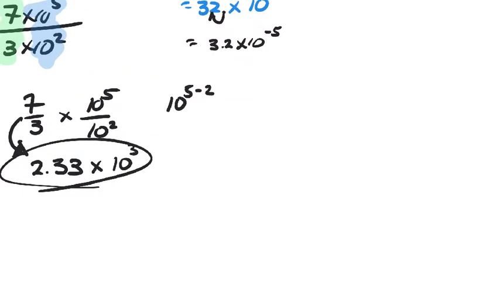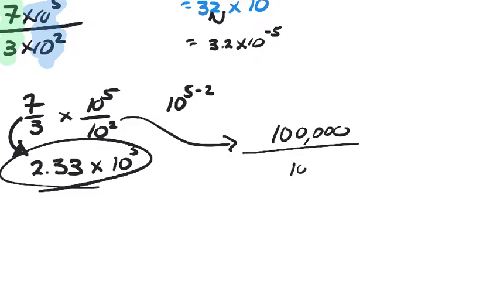That being said, though, we could put this as 10 to the 5th being 100,000, because there's 5 zeros, divided by 100. When you have simple multiples of 10 there, you can simply cross out the zeros like that. And this ends up being 3 zeros remaining over 1, which is 1,000.